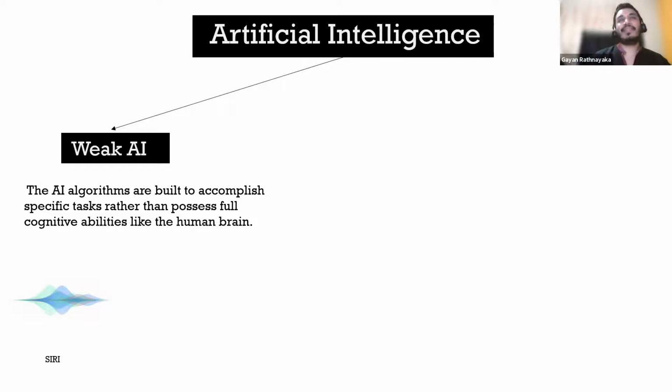When you speak to it, it converts your voice to text, and it has a knowledge model. It's been trained to pass your text to the data model and provide you with the response.